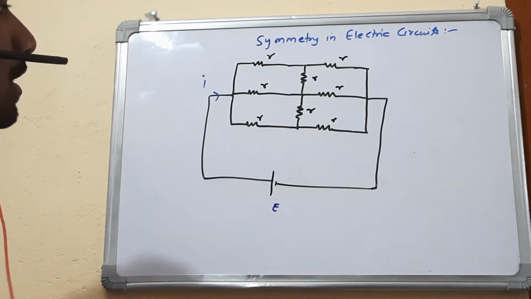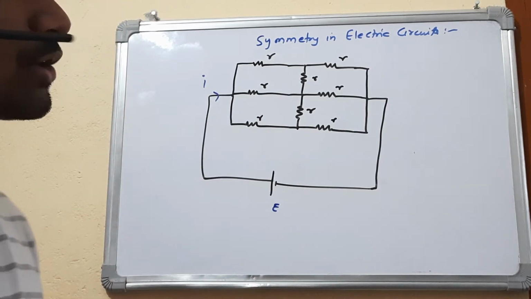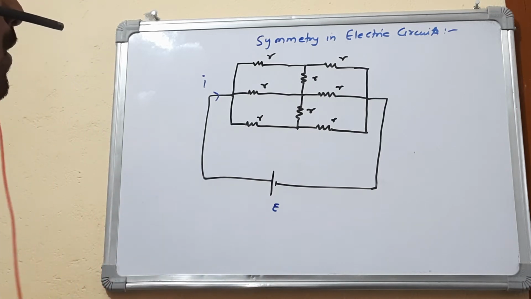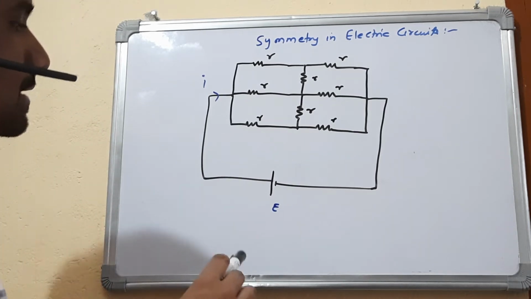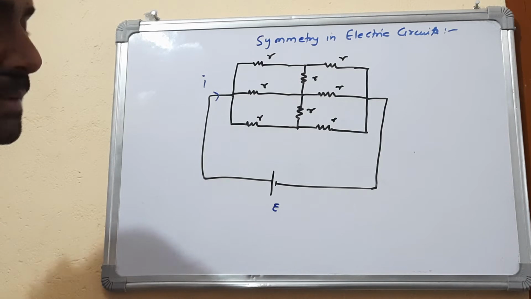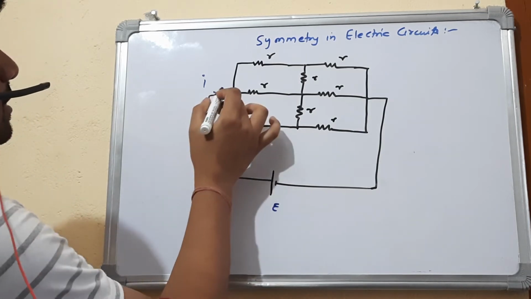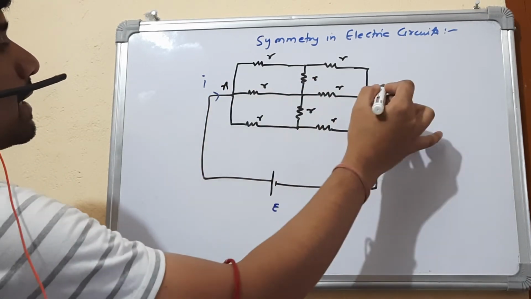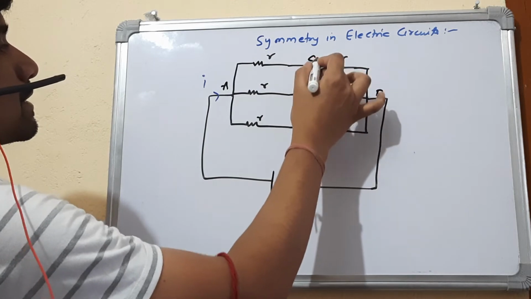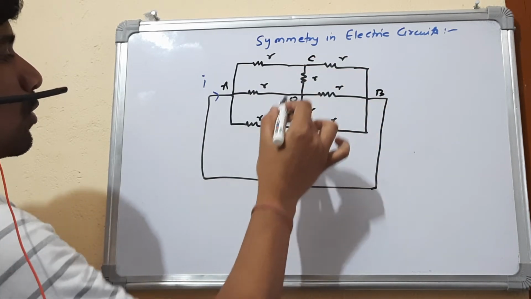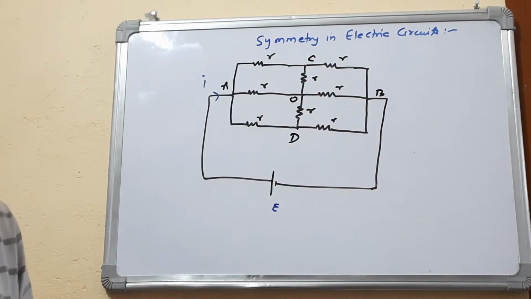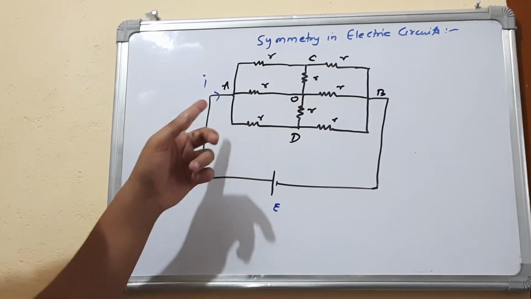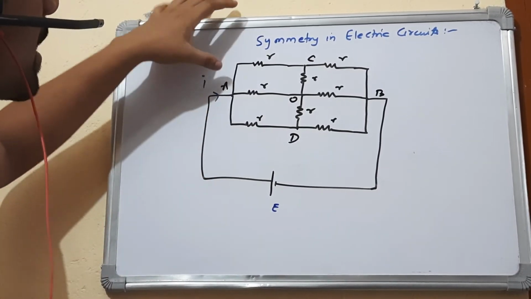Now let's analyze this circuit. This is a cell which is supplying current I. Let's say this is point A, this is point B, this is point C, this is point D, and this is point O, correct? Now, at point A, the current I will get three branches.